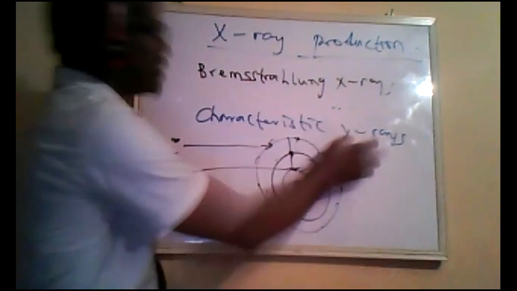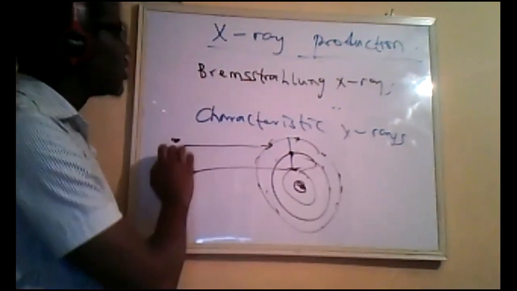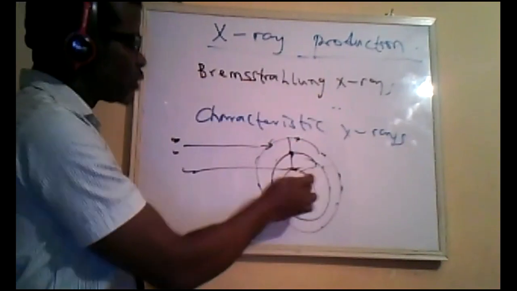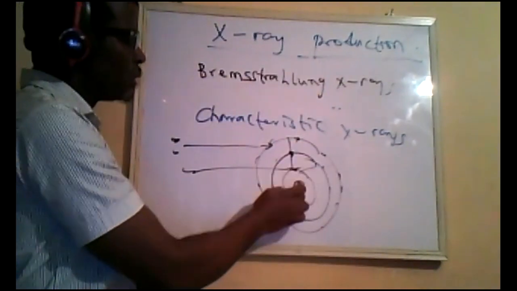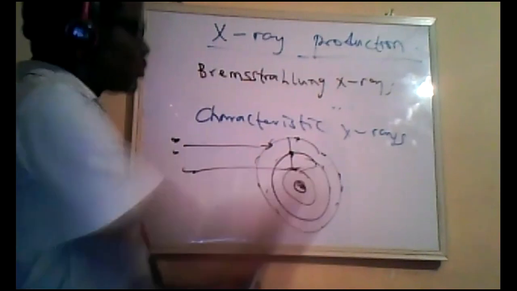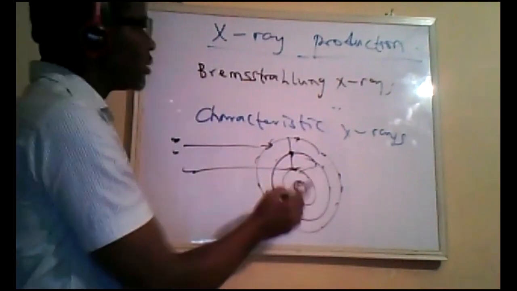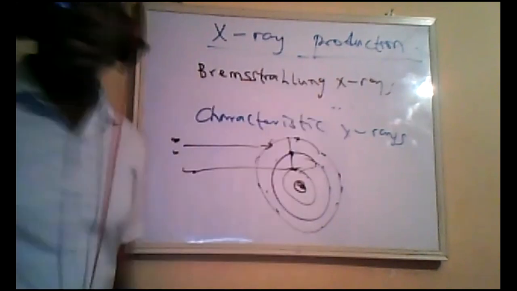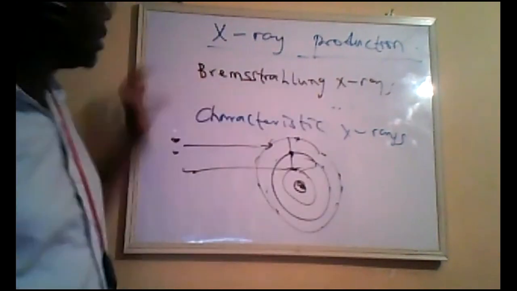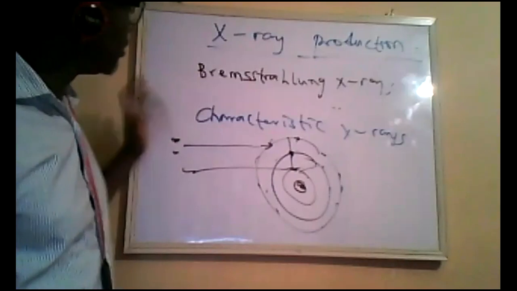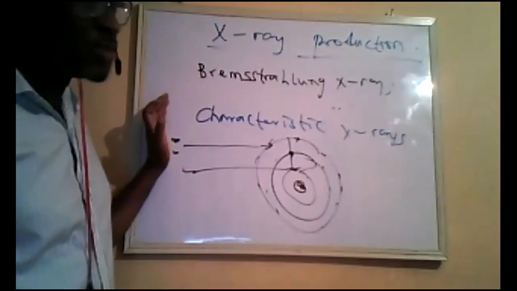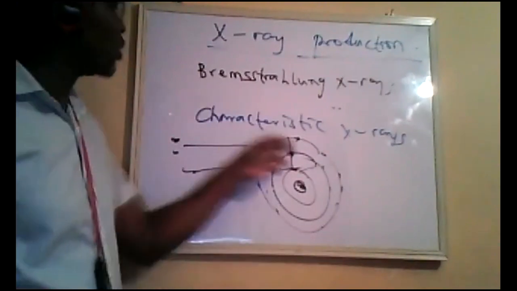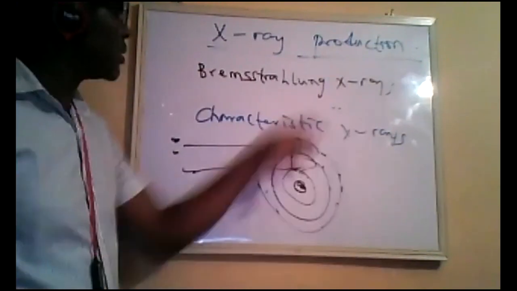So characteristic X-ray has got to do with the electrons interacting with the orbital electrons, not the nuclear region. The interaction of electrons with the nuclear region will give rise to Bremsstrahlung X-rays, whereas the interaction of these fired electrons with these orbital electrons, when this one comes, you can knock off this and leave a vacancy here.